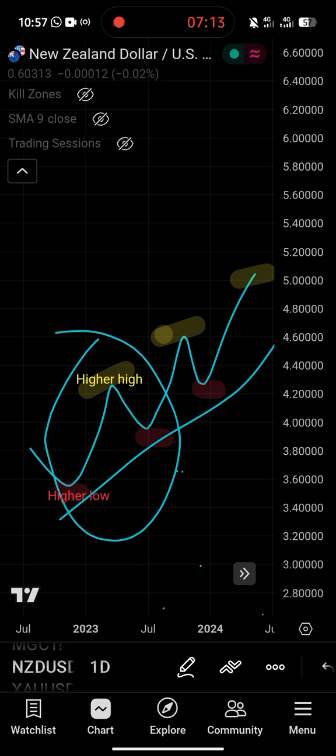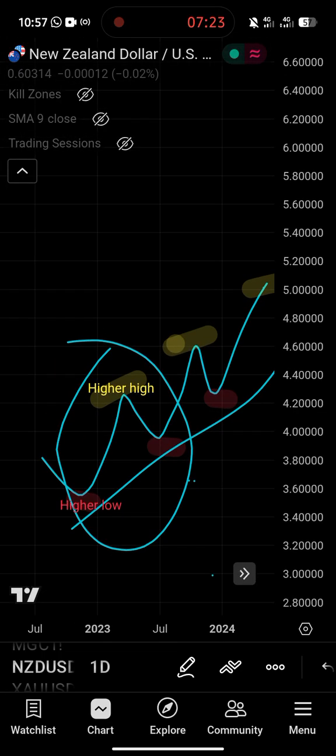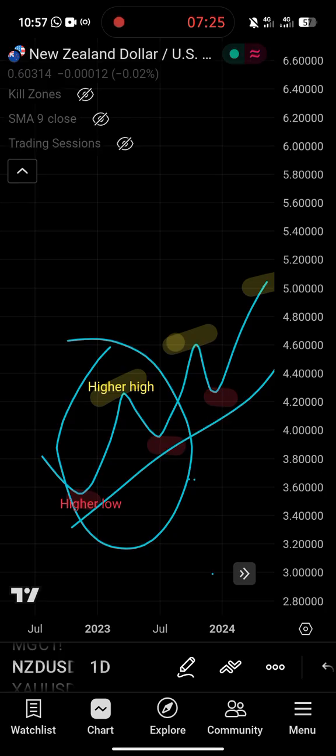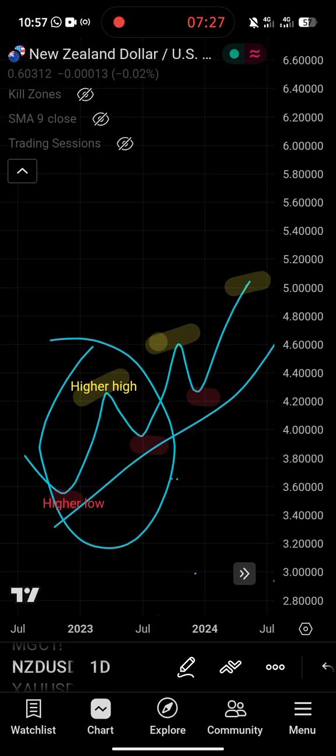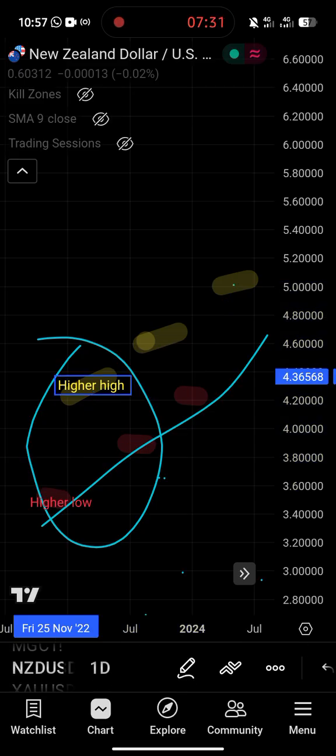And what are higher highs and higher lows? Higher highs at the top of the wave and higher lows at the bottom of the wave. You get me? As I've marked, the red place is the higher low, and the yellow place is the higher high. Now let's move on to lower lows and lower highs.